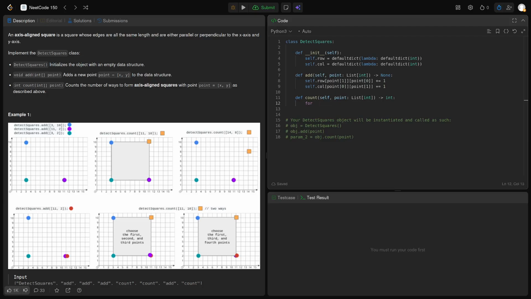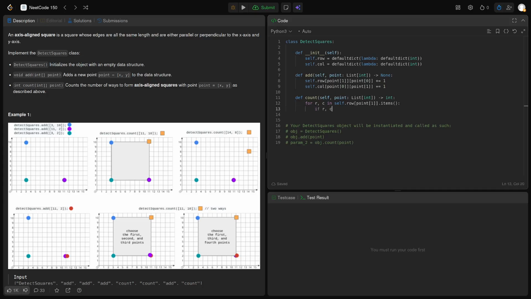Okay, and then we go for row, column in self.row, for row, column in here, and now in point[1], right?